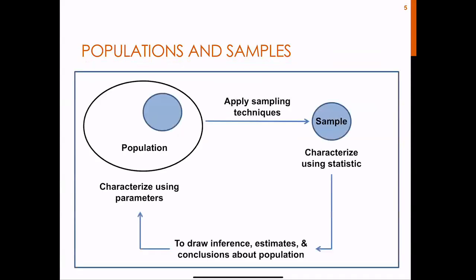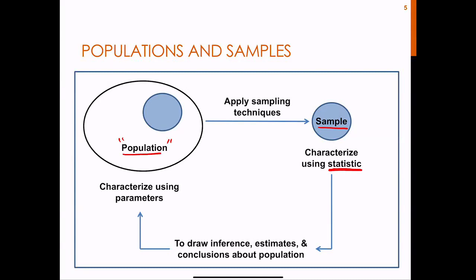So here is one picture for explaining the relationship between population and sample. Actually, the sample is from our population. Based on the sample, we can characterize using statistics, specific numbers based on our observations, right?